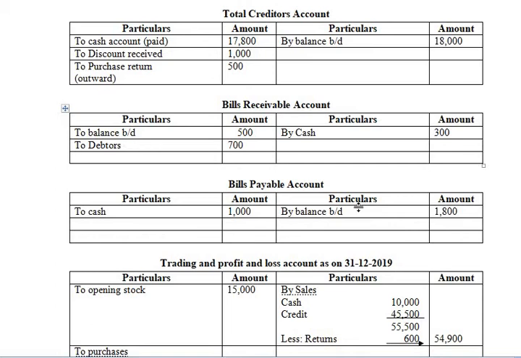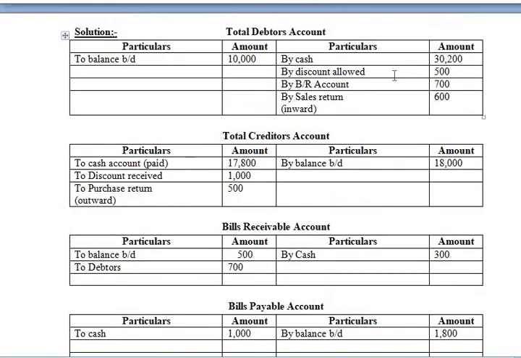The entry is 700 rupees. The next entry is that the debtors account will be credited by bills receivable account, 700 rupees.